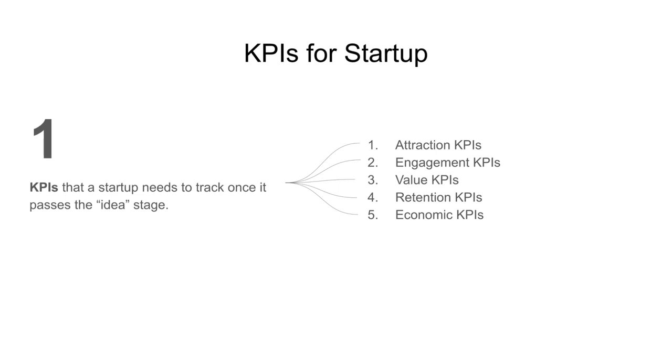And as I mentioned before, there are certain pillars of how the company will be achieving its success in the market, and these are about these four plus economic base. So let's discuss its KPIs, its metrics, one by one.